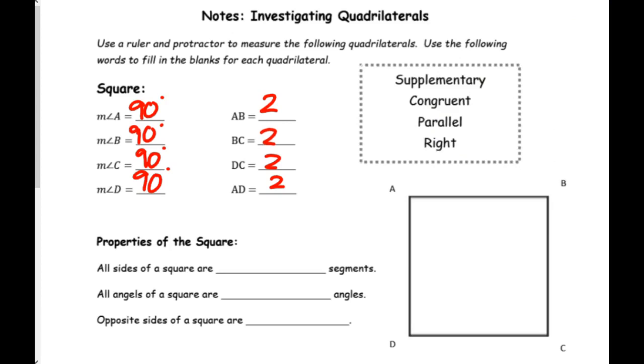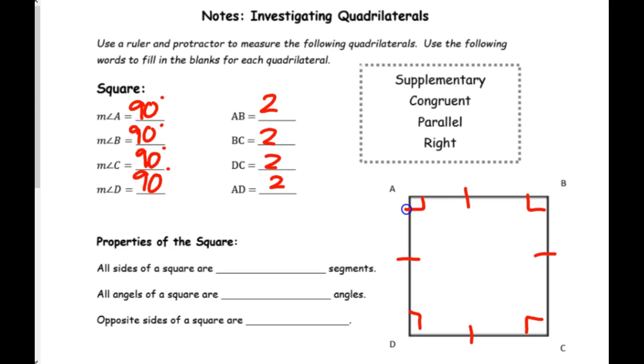Now, let's fill this in. All sides of a square are what? Now, on our picture here, we know they're all 90 degrees. We can put that here. And we also know all the sides are the same, so we can put those tick marks there as well. And there's another thing we know, is that opposite sides don't cross, which is the word parallel, right?